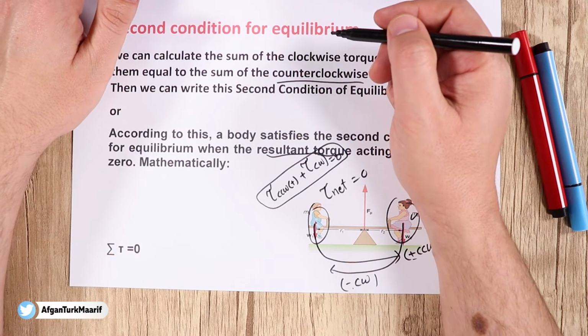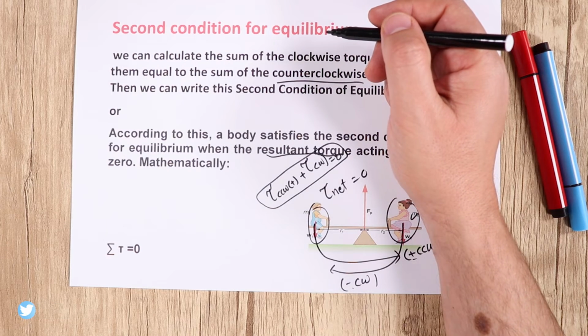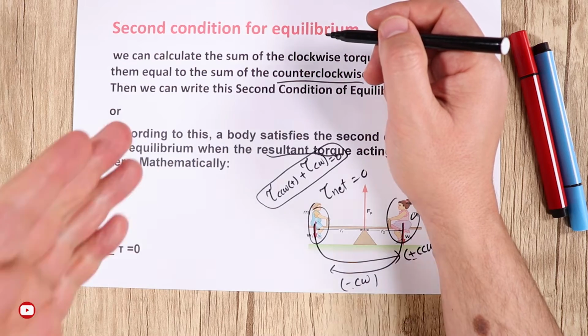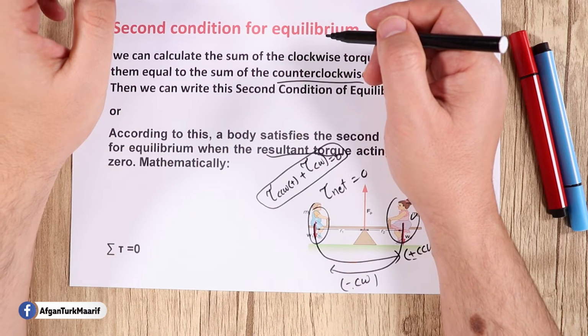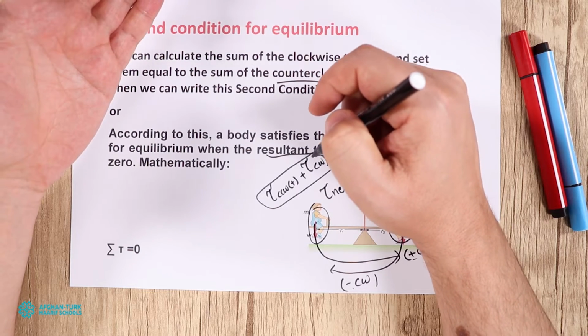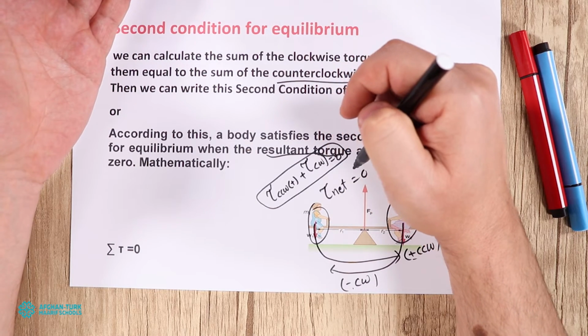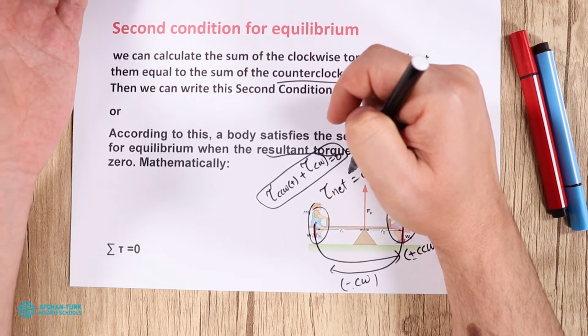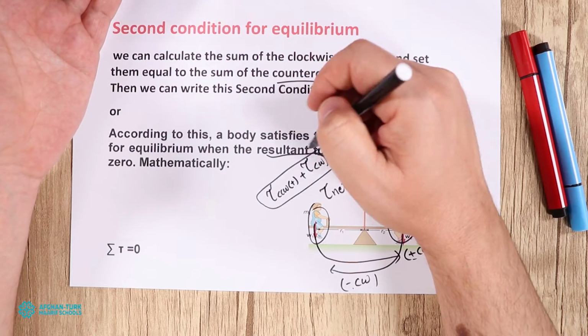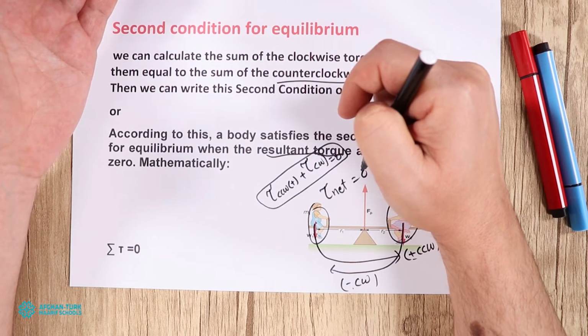Inshallah, if we solve some example problems for the second condition of equilibrium, then you will know more about how we take the total, net or resultant torque equal to 0.